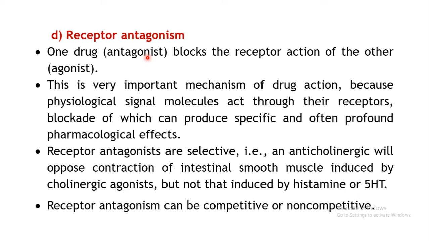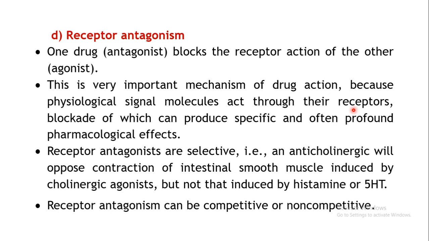Antagonist is something which can bind to the receptor, but it will not stimulate that receptor, no conformational changes. But agonist is a type of substance which can bind to the receptor and further stimulate it, so that the signal will get transduced. So this is a very important mechanism of drug action, that is, binding to the receptors, because mostly the physiological signals are carried through interaction with the receptors, as we have seen.